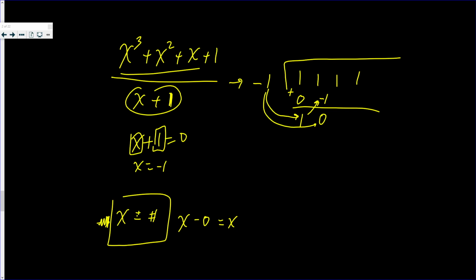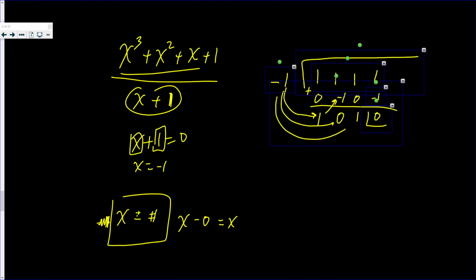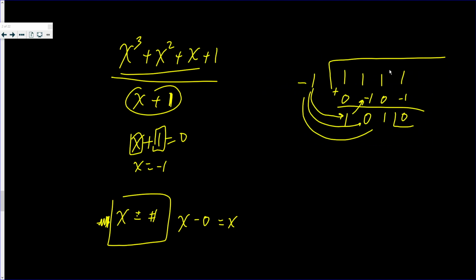Negative 1 times 0 is 0. You add. Negative 1 times 1 is negative 1. You put it here and you add. That is the remainder. There is no remainder. That tells us that this answer is the following. Just give me one moment. Let me erase a lot of these arrows.